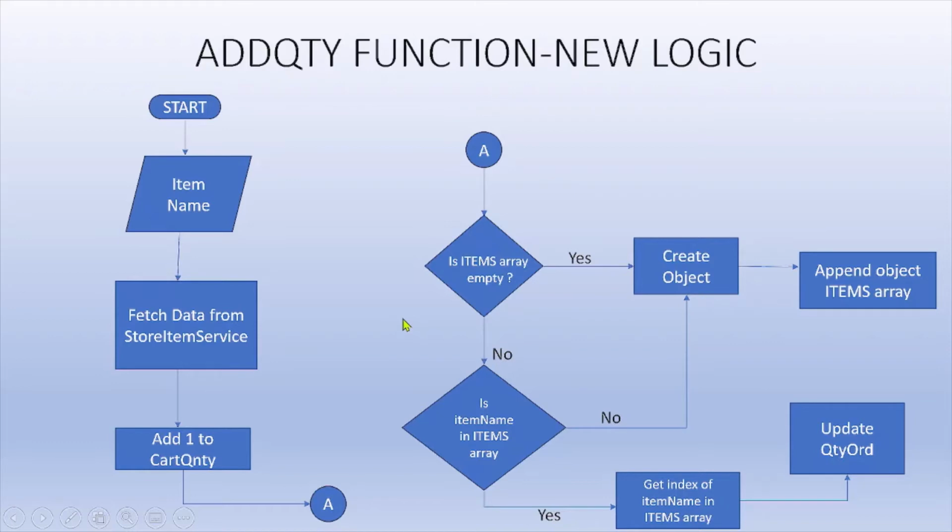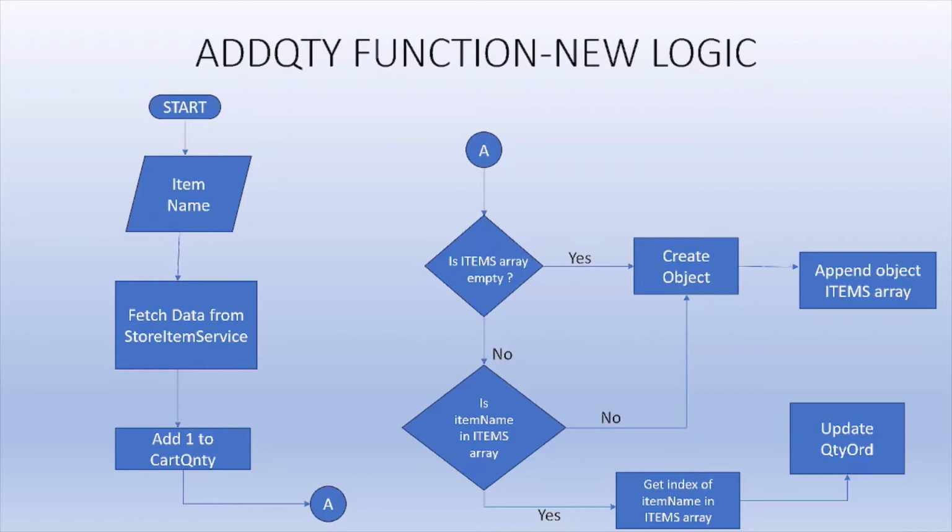Now there's another issue with this logic, or with our current logic, I should say. We are fetching data from store item service every time the user adds an item to his or her cart. Is that really necessary? Ideally, what should happen is the data should be fetched once, right?